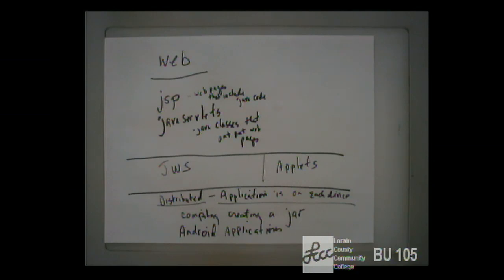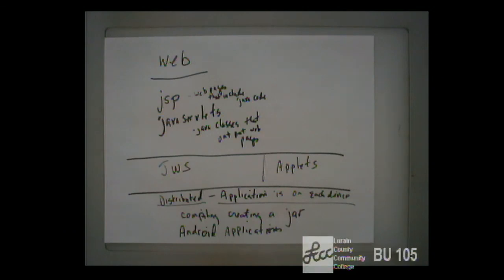But you get this little JNLP file that actually has a description of what to run and what Java class to run. These kinds of things, again, I haven't run any of these lately, so I think a lot of browsers don't really support these anymore.